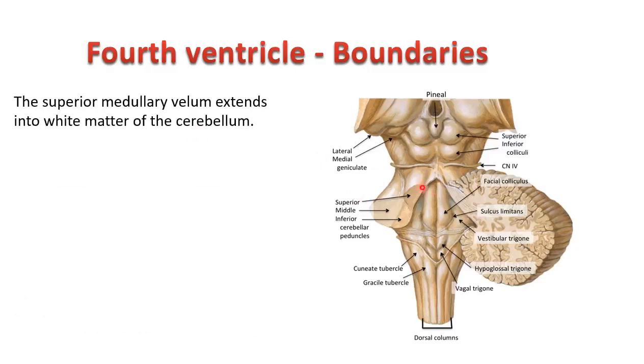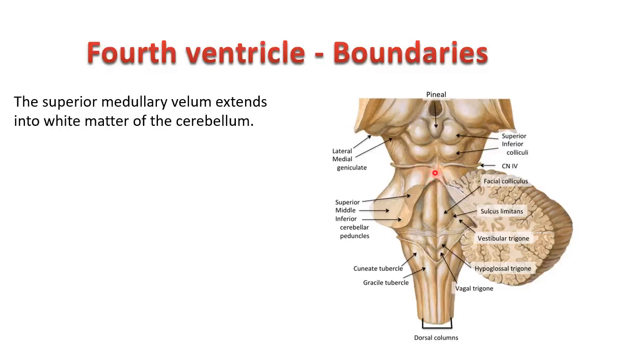Now you are able to see the upper part of the roof. There is a membrane stretching between the two superior cerebellar peduncles, and that is called the superior medullary velum. What pierces the superior medullary velum is the trochlear nerve.